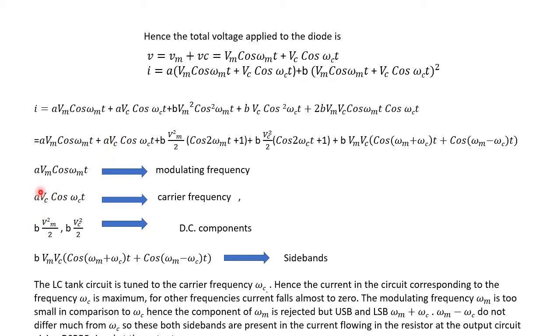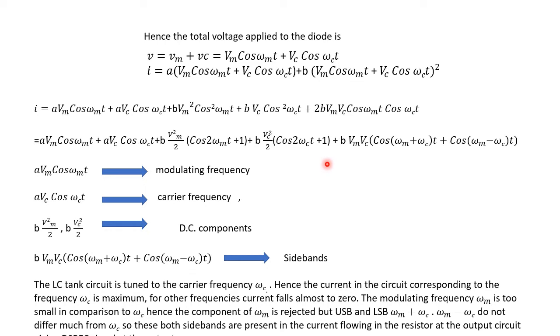In the second term A·Vc cos ωc t, the frequency which is present is the carrier frequency, that is ωc. The terms B·Vm²/2 and B·Vc²/2, these two terms are the DC components, because the variable terms which depend on the frequency are not present there. Therefore, these two terms are constant terms.